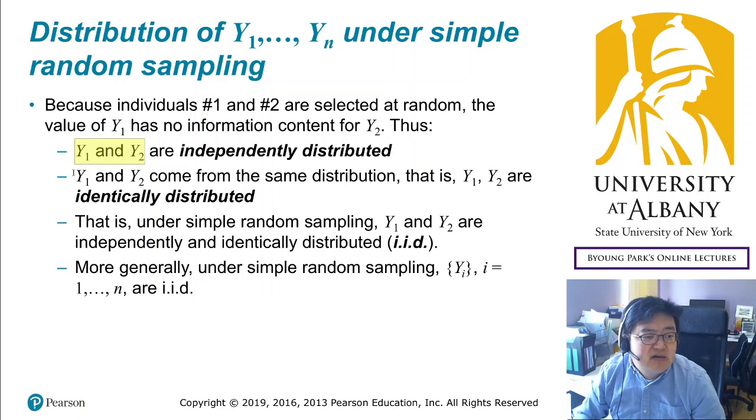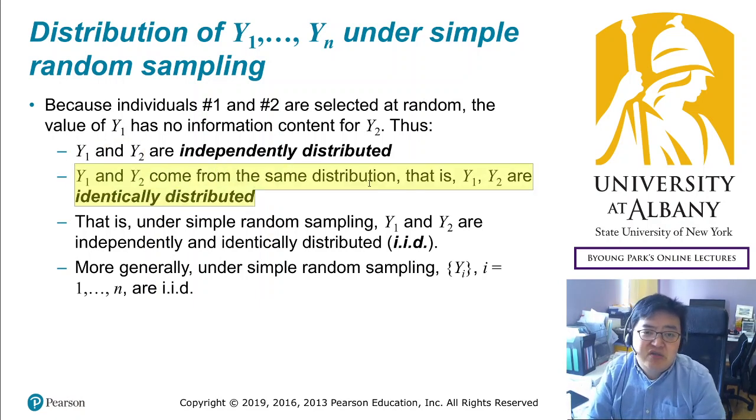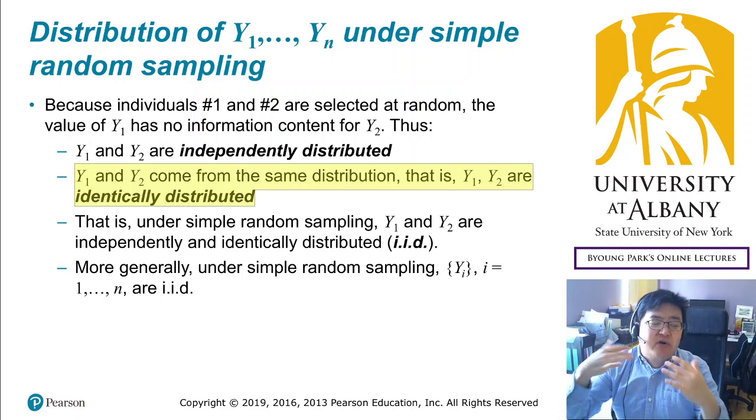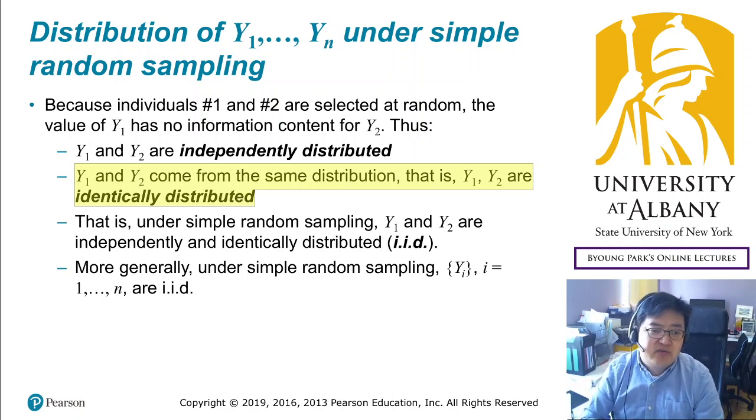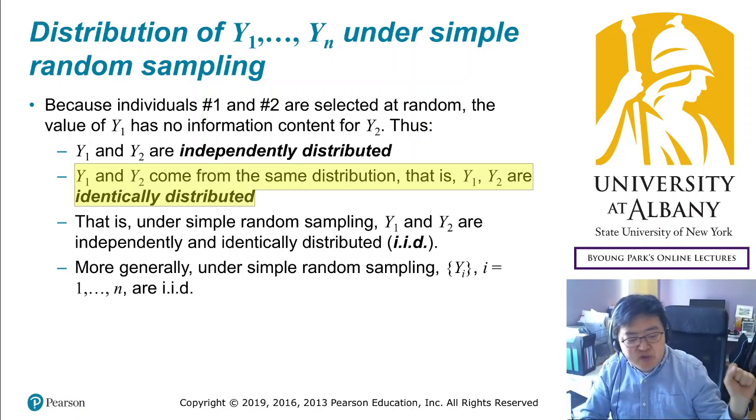The second condition you have to satisfy is that y1 and y2, the individuals you randomly chose, must be identically distributed. They must be from the same population and the same distribution. In other words, say some of the observations are of totally different nature.